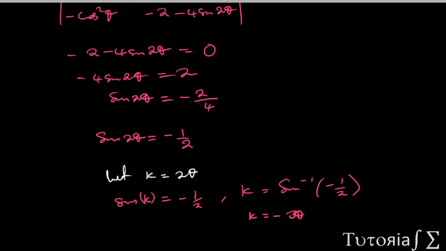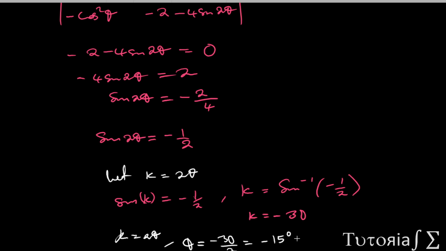Then k is equals to 2 theta, meaning that our first value of theta will be equals to negative 30 over 2, which is negative 15 degrees.